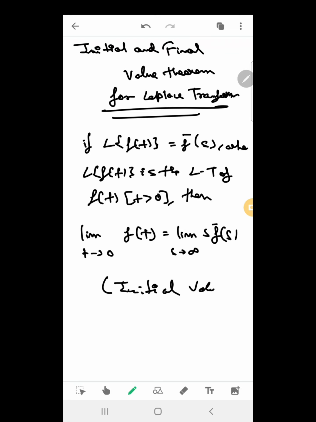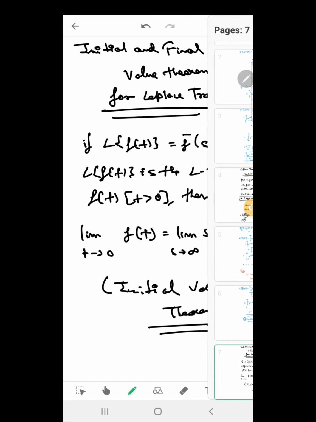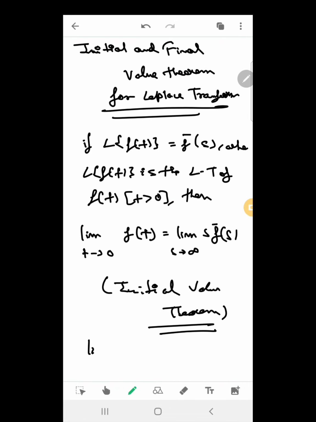Initial value theorem. Clear? Now let us understand the proof of the initial value theorem in the next page. I am writing the final value theorem also. This is the initial value theorem, and the final value theorem says the limit as t tends to infinity of f(t) equals the limit as s tends to 0 of s times f bar(s).